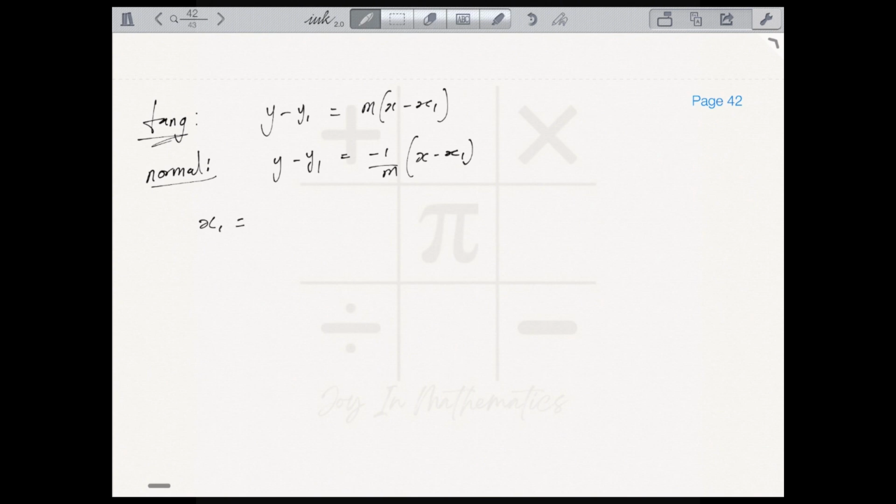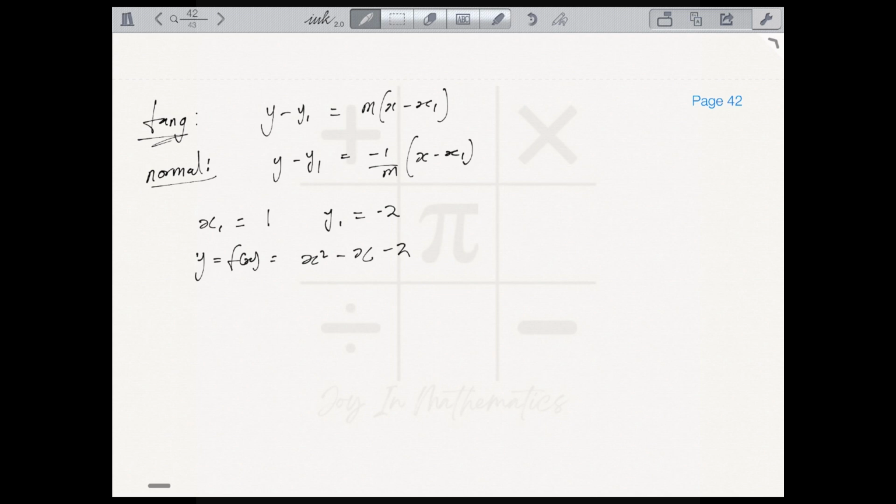So x1 is equal to 1 and y1 is equal to -2, and the equation, that's y equals f(x), is given as x squared minus x minus 2.